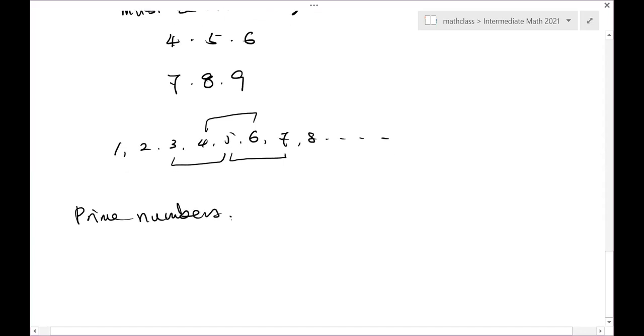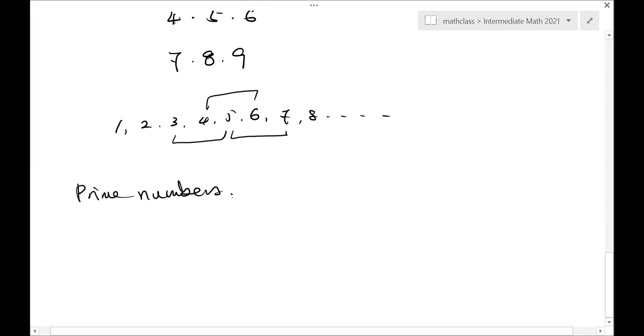Prime numbers are the numbers which can be divisible only by 1 and itself. There's a long list of prime numbers, and I hope some of you can memorize this long list.